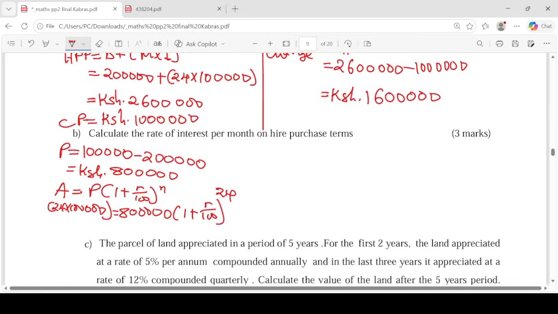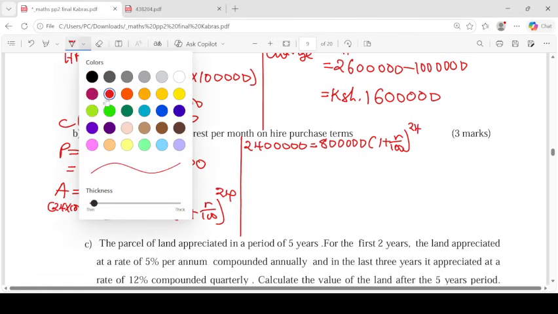So this means that we can have it this way. 24 times 100,000, that is 2,400,000, is equal to 800,000 into 1 plus R over 100 to the power of 24.